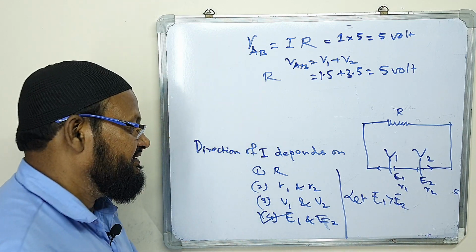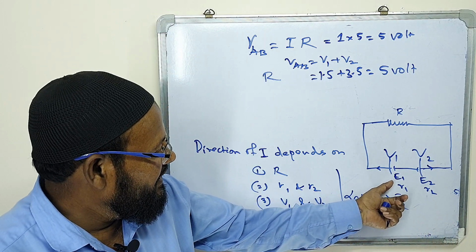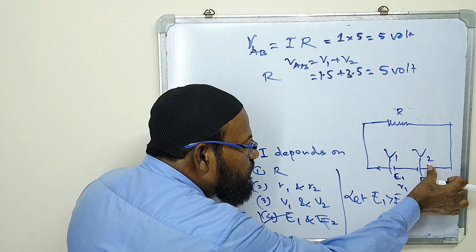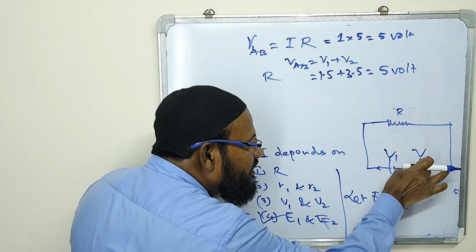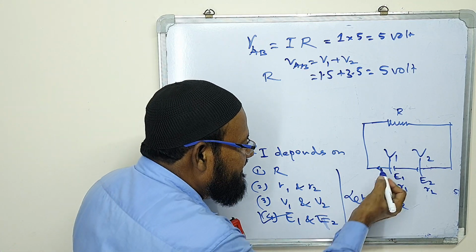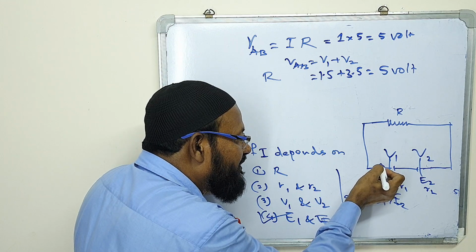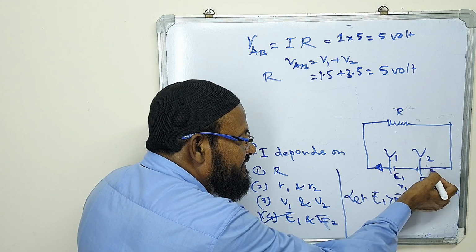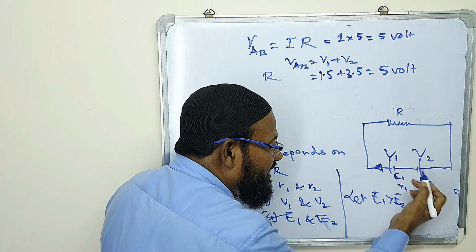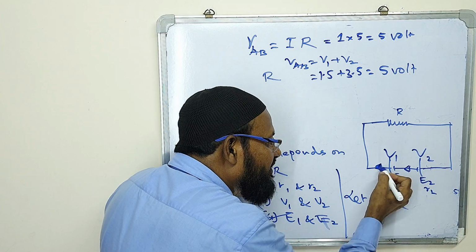In this competition, you will win, and in this case E2 will be defeated. In that case, since E1 is greater, the direction of current will be this, and its property is lost, meaning in this direction there will be no current. When it is lost, it is the direction of this.